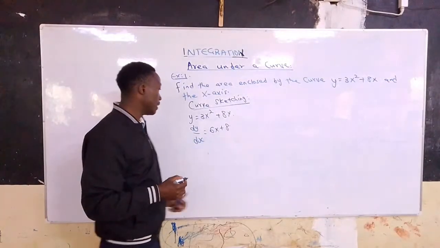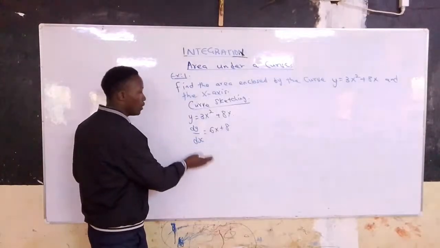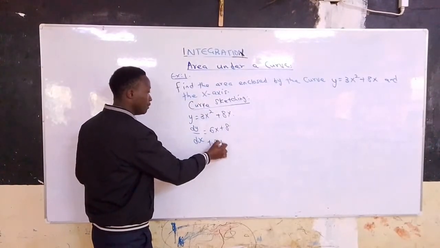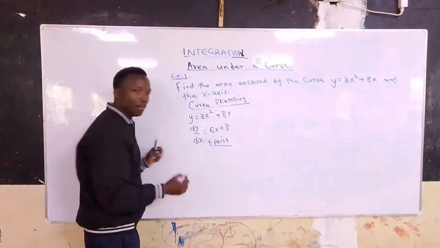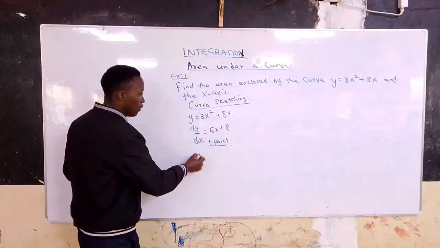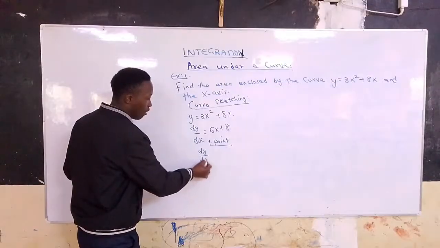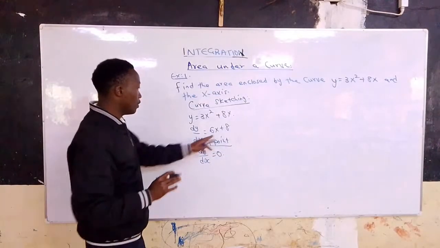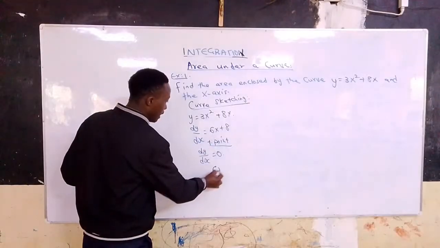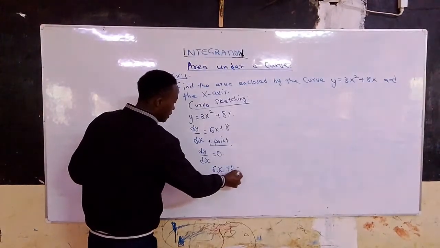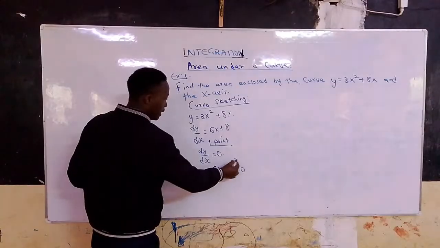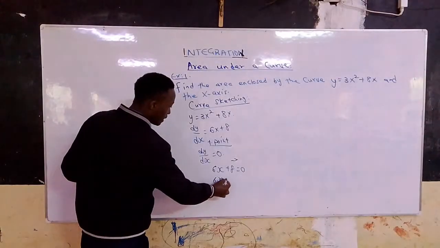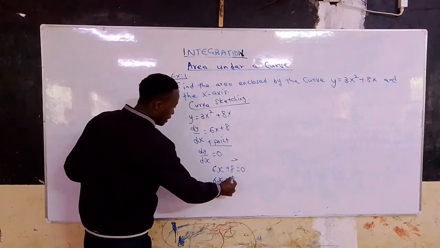So once we have that, we know for us to determine the turning point, we need to understand that dy over dx at the turning point is equivalent to 0. So we have 6x plus 8 is equal to 0. We will take 8 to the other side of the equal sign and have 6x is equal to -8.